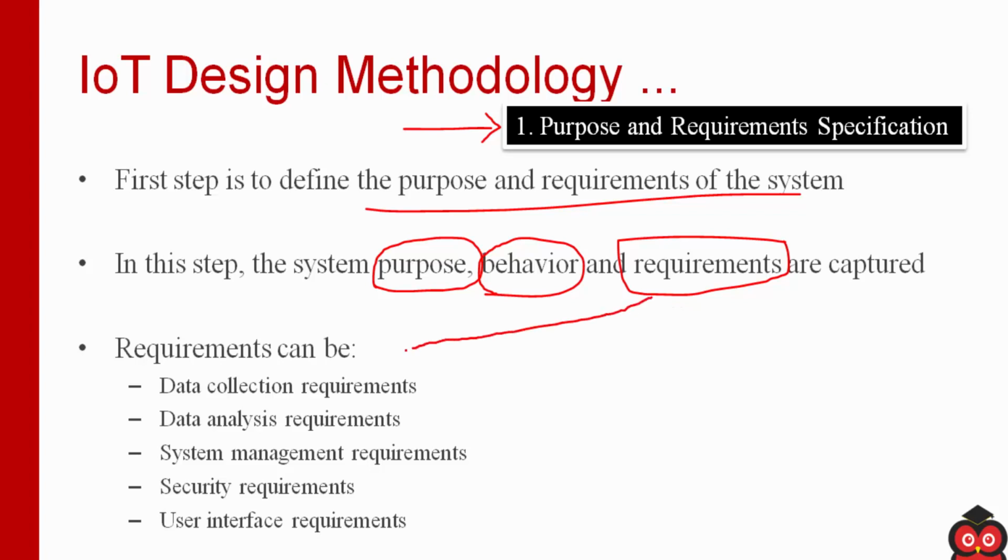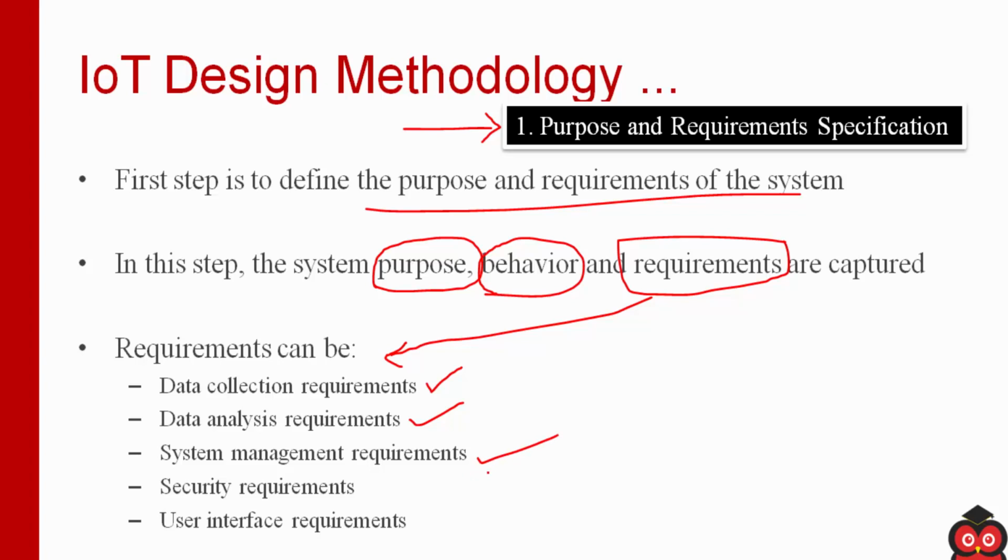Those requirements can be data collection requirements, that is how the data will be gathered, maybe through sensors or using some other mechanism. Data analysis requirements, so is there any need for analyzing the data that is collected, is it locally or will that data be analyzed in the cloud or somewhere else.